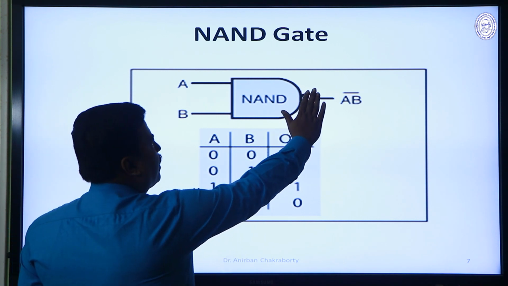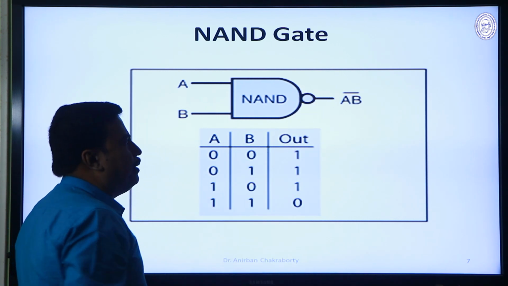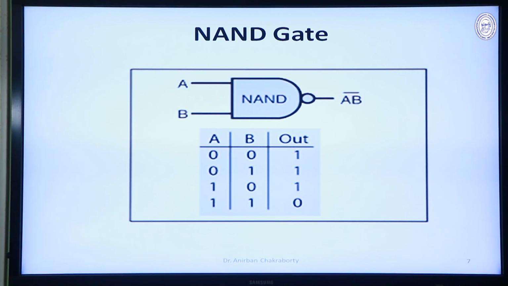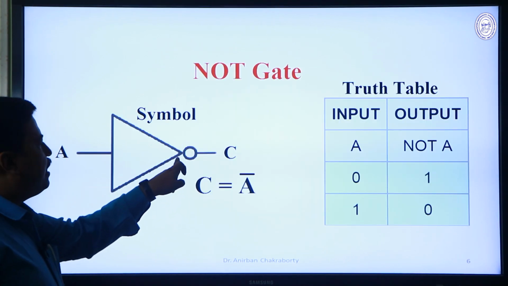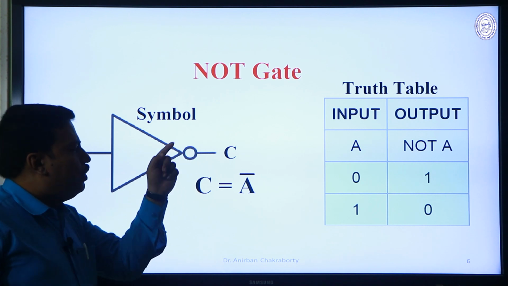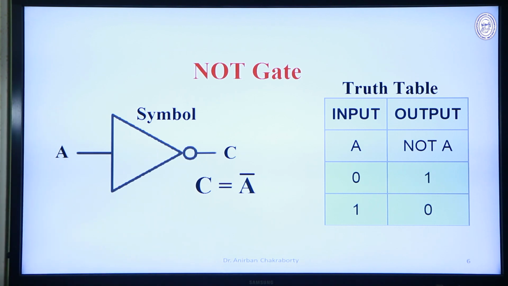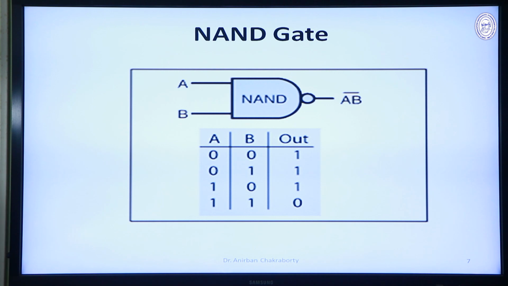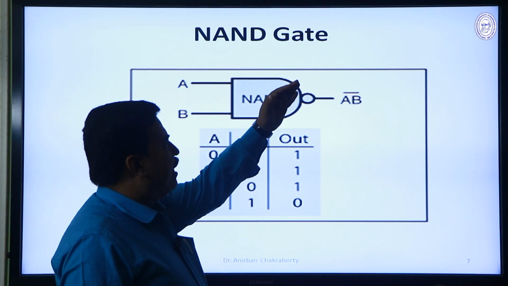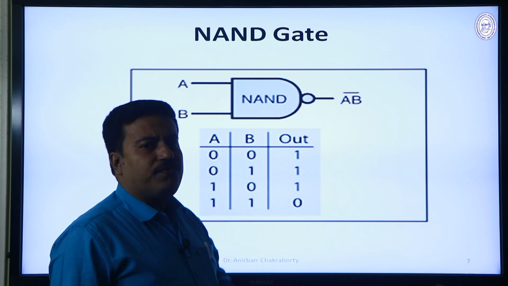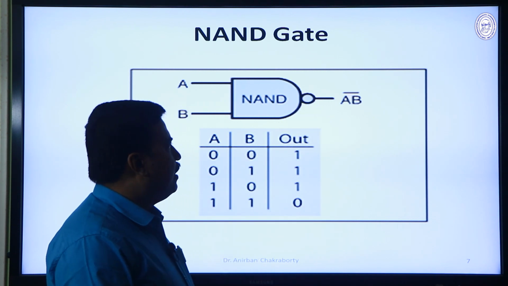Look, here there is a bubble. In the NOT gate there is a bubble, and in the NAND gate also there is a bubble. This means that there is a presence of a NOT gate in this gate too.